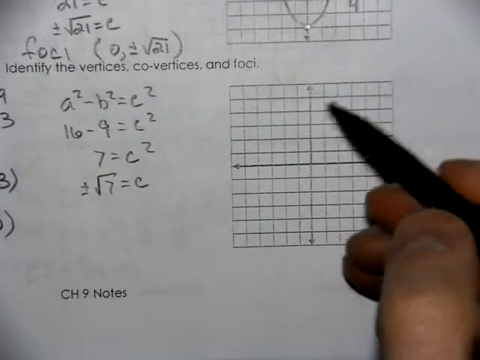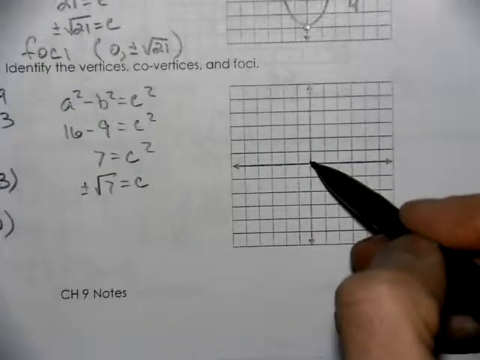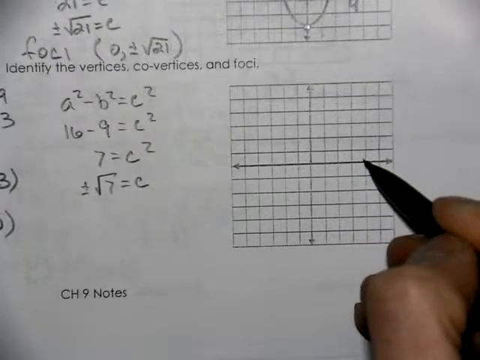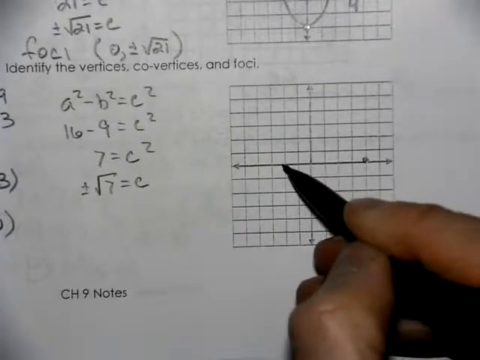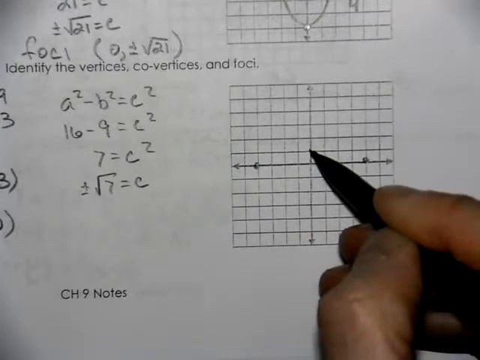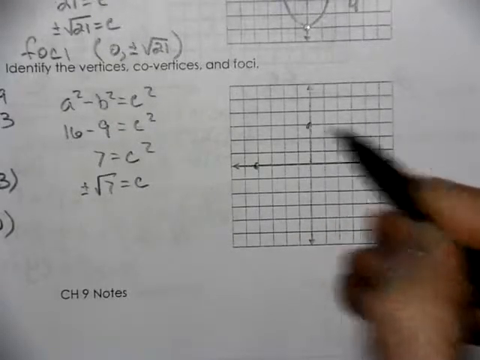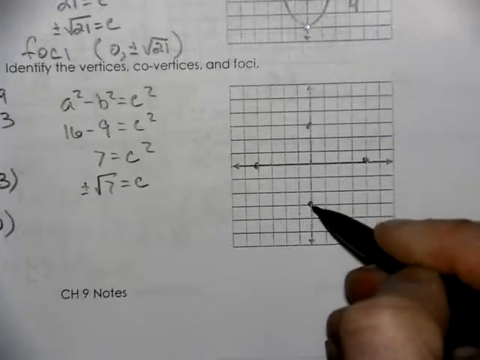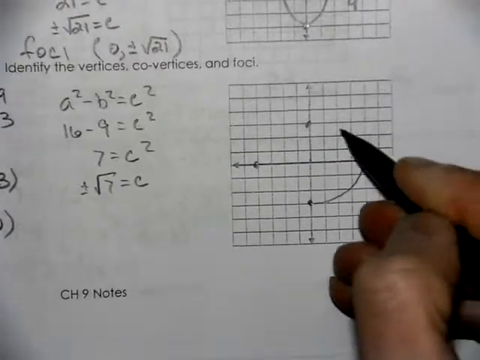So all of these have centers at 0, 0. We go 4 to the right, 4 to the left, 3 up, 3 down to make our ellipse.